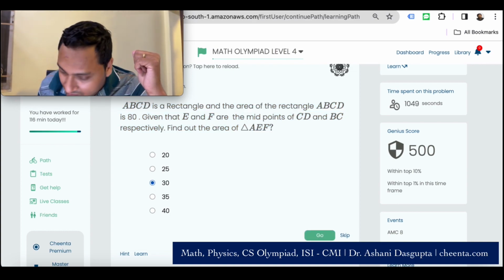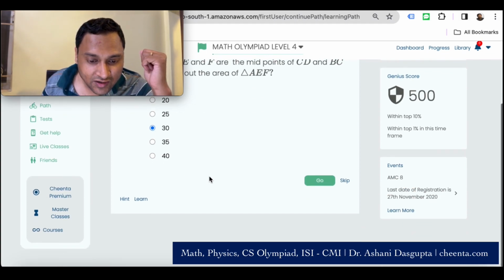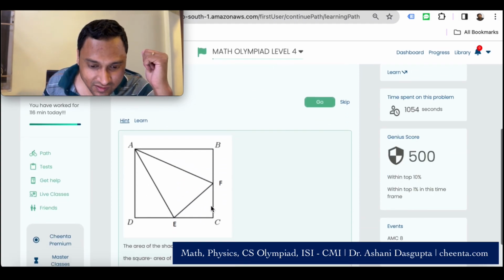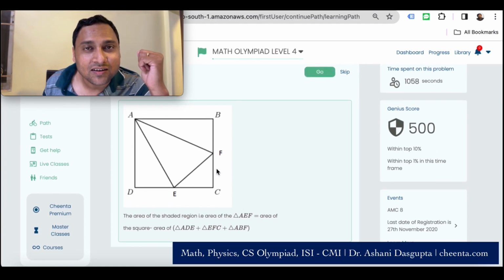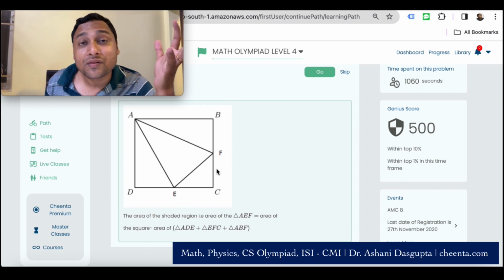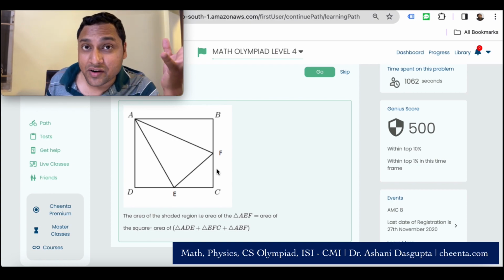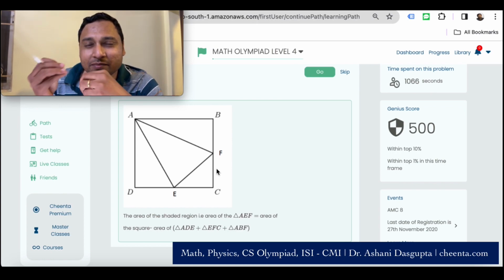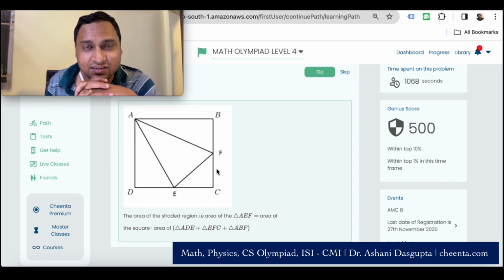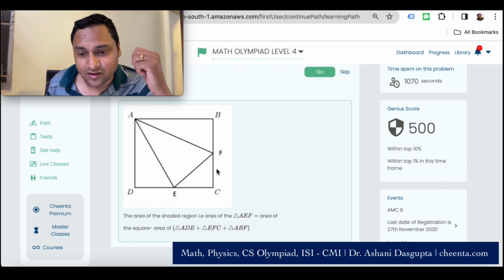And let me just go ahead and also check the hint. So the hint actually tells you something about the picture, and some of the problems have quite elaborate hints with diagrams. Some of them actually tell you just a bit of nuggets of this entire story, not the entire picture or anything.